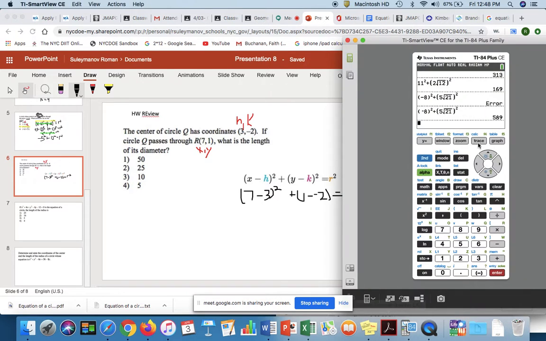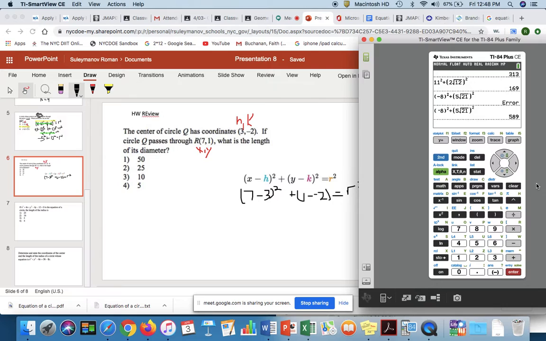So again, I'm going to use a calculator. There's no reason to make this crazy for yourselves. So 7 minus 3 squared plus 1 minus -2 squared.